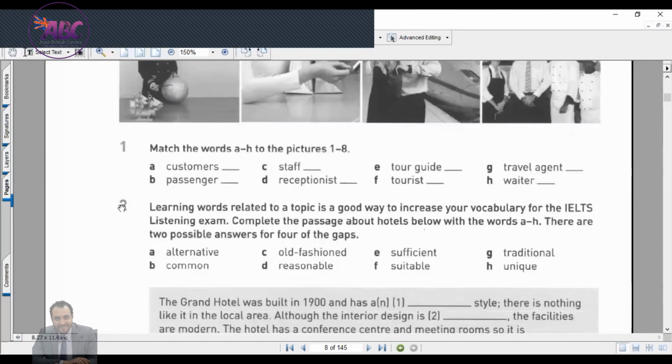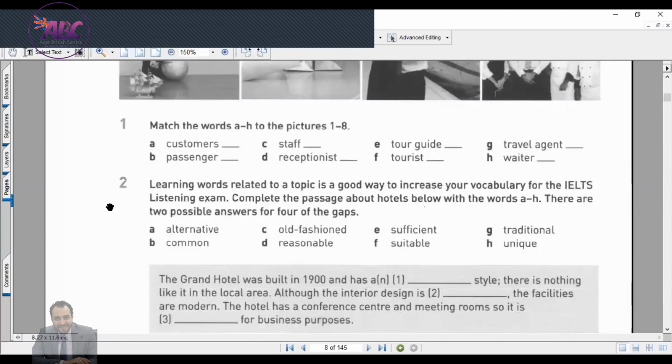You'll find some exercises like this one. How to do the exercise: try to answer the questions without using a dictionary, to develop the skill of recognizing the meaning of unfamiliar words.